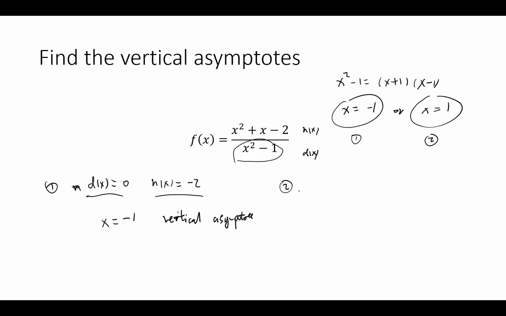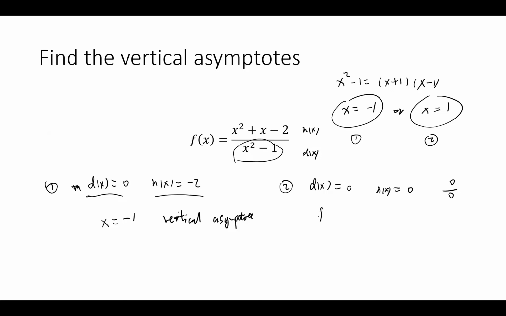What about case 2? Let's still evaluate what happens to the different parts of the quotient. d of x equals 0, and n of x in this case is 1 plus 1 minus 2, which also becomes 0. So now this is the usual indeterminate form. In this case, we perform the simplification.